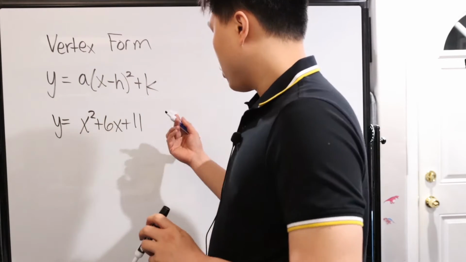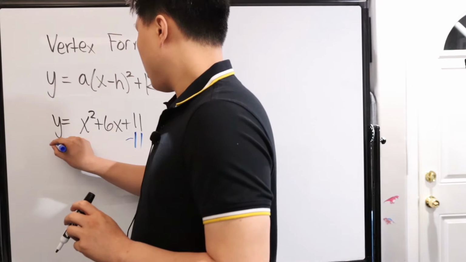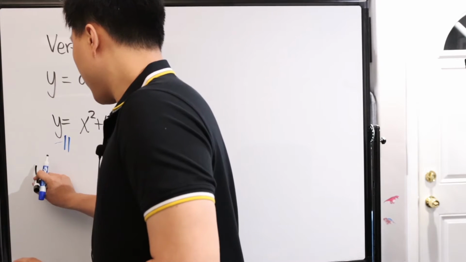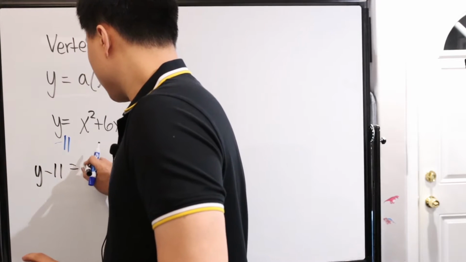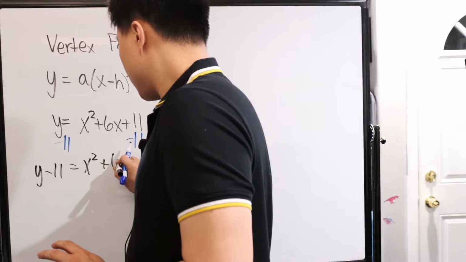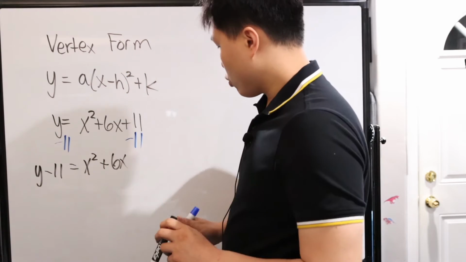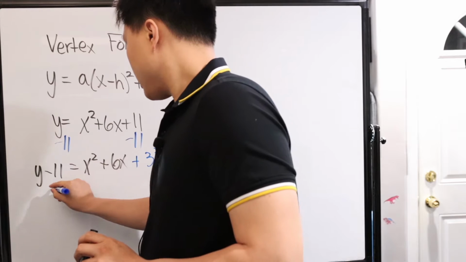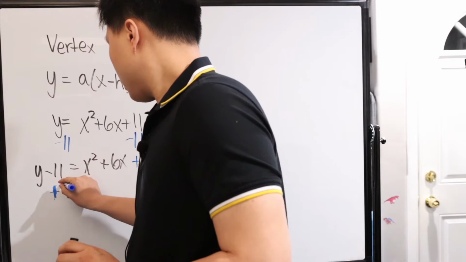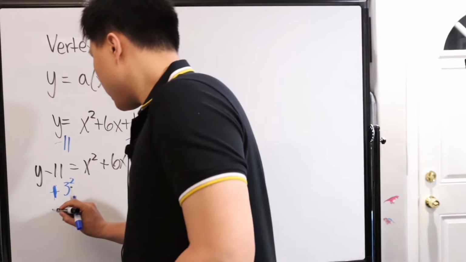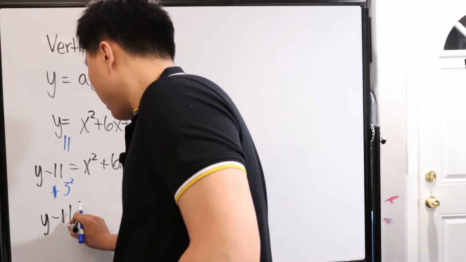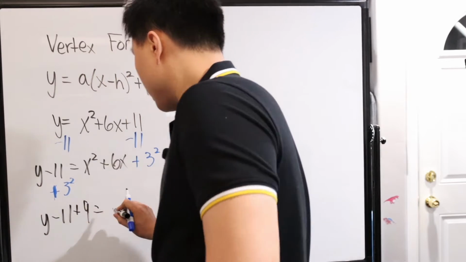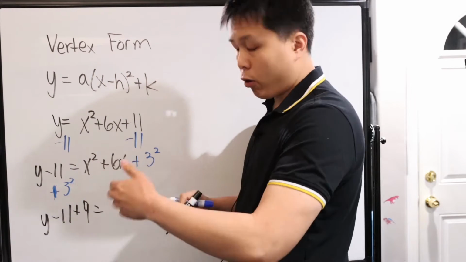We want it in vertex form, so I'm going to subtract 11 on both sides. You have y minus 11 equals x squared plus 6x. To complete the square, I'm going to add 3 squared here and add 3 squared here. So basically I have y minus 11 plus 9 equals, and this form is a perfect square.